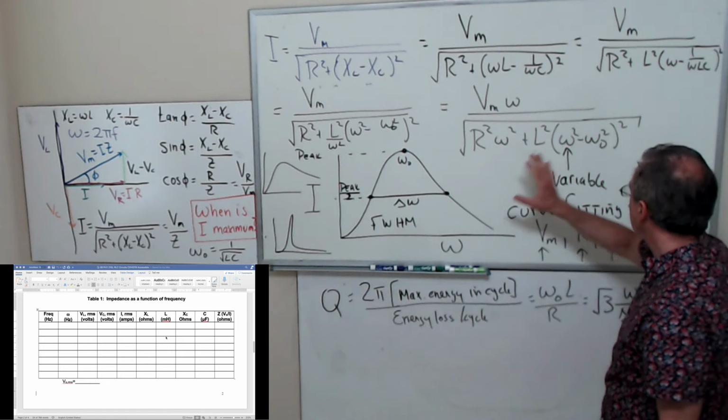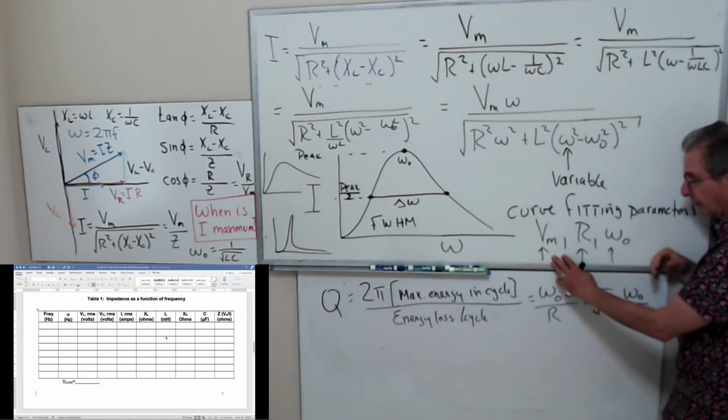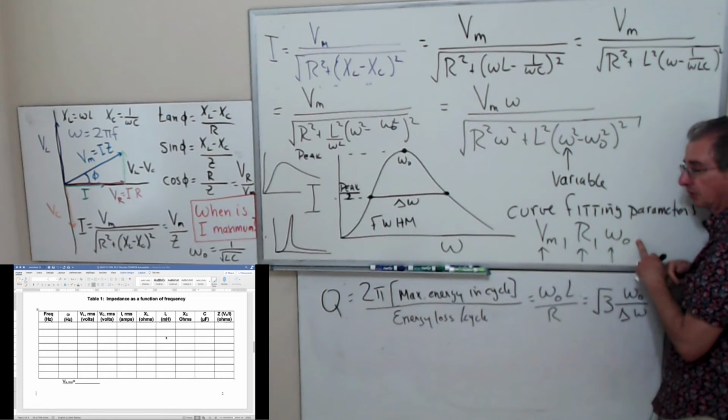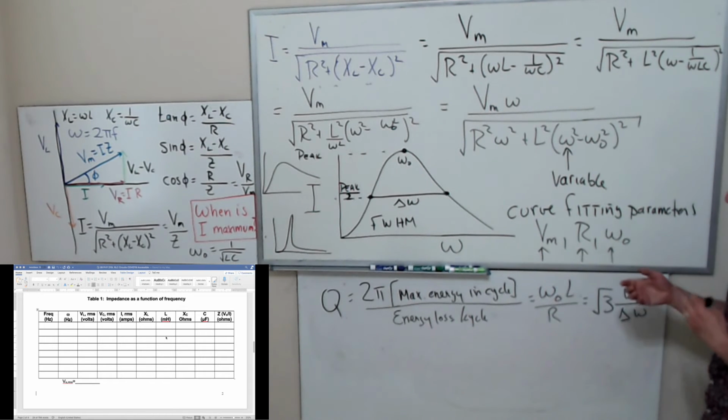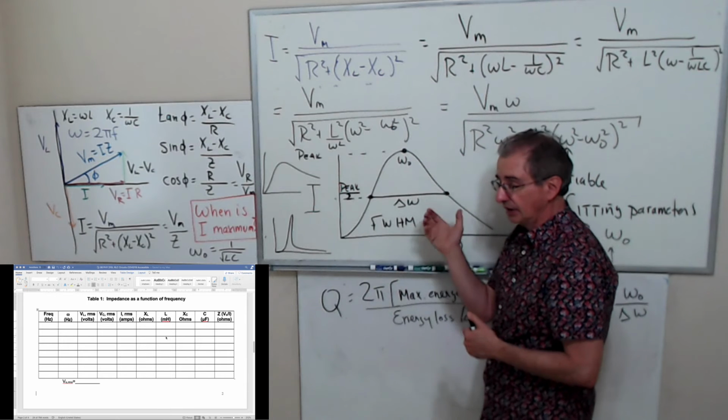So you're going to make this graph. You're going to make a curve fit. I prefer that you use these as your fitting parameters. If you want to use a fourth one and try it, go for it. This is where the more data points you have, the better.